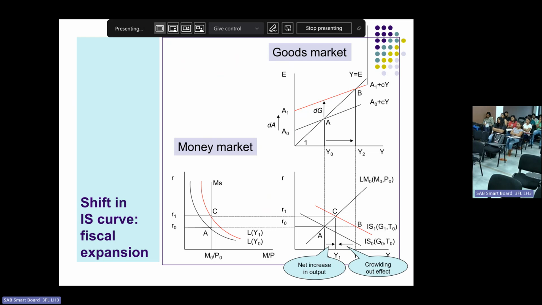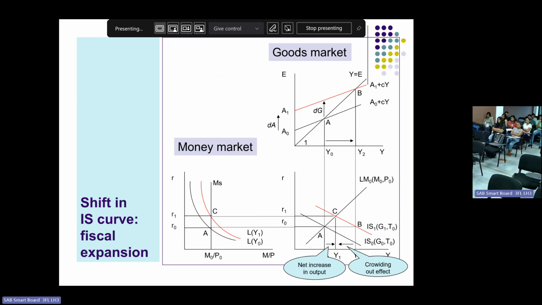Because when there is a rise in the interest rate from R0 to R1, that reduces private investment, since a higher interest rate discourages private investment. That negatively affects income: a decline in investment reduces aggregate demand, and that reduces income. That's why income reduces from Y2 to Y1.